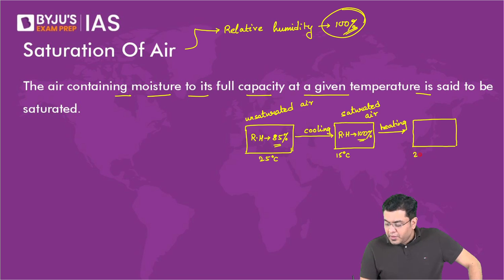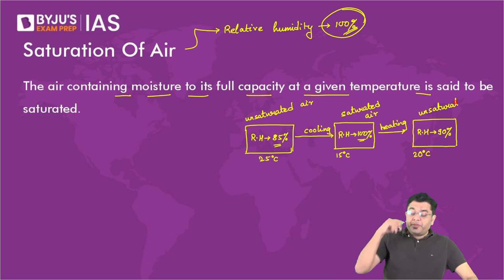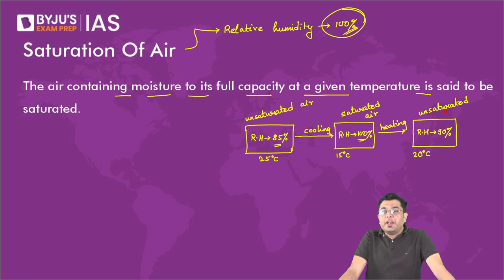Relative humidity comes out to be 90%. This will again become unsaturated. So when saturated air gets heated up, its moisture carrying capacity increases, which means relative humidity reduces, which means it becomes unsaturated.